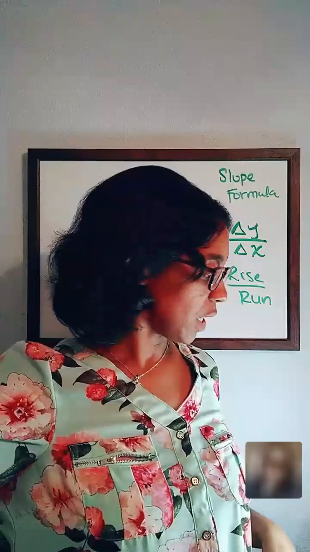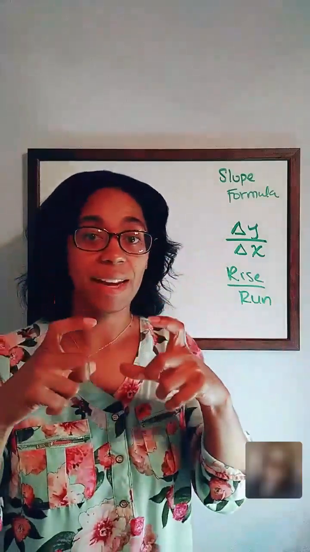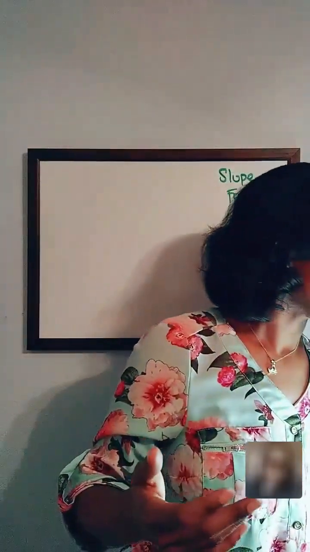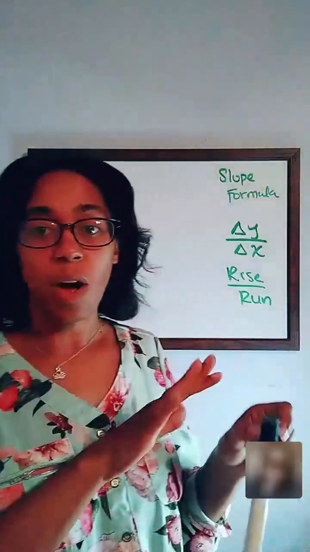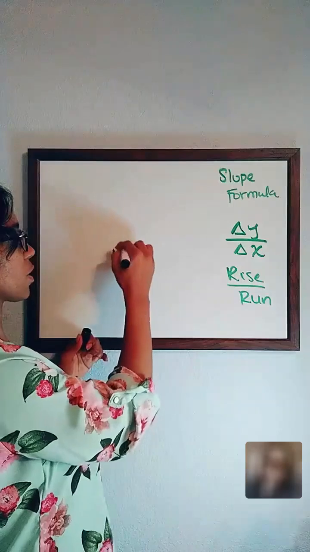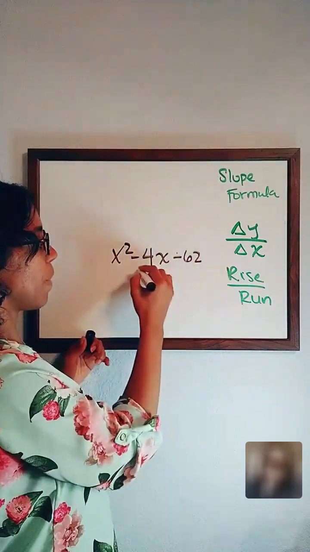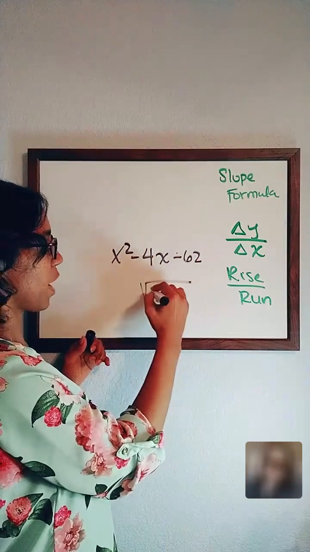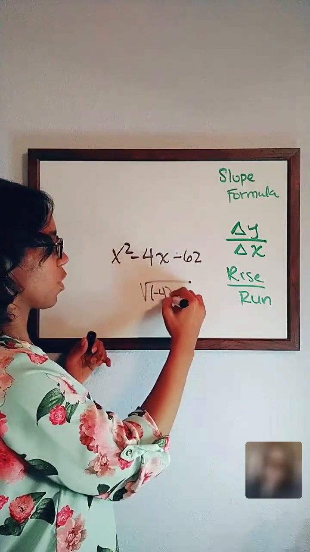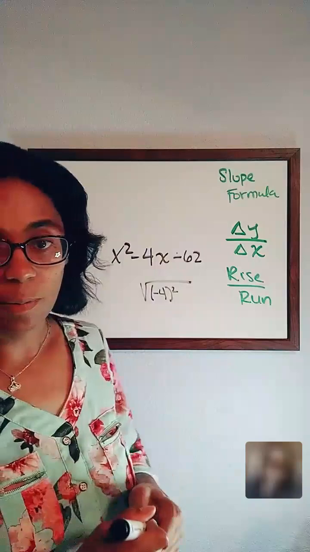And if you don't put parentheses around that negative, it's gonna mess you up, okay? So make sure tomorrow when you substitute in for the equation from the quadratic equation, like if it's x squared minus 4x minus 62, make sure when you do b squared, you do -4 squared, so it gives you a positive number. Okay.